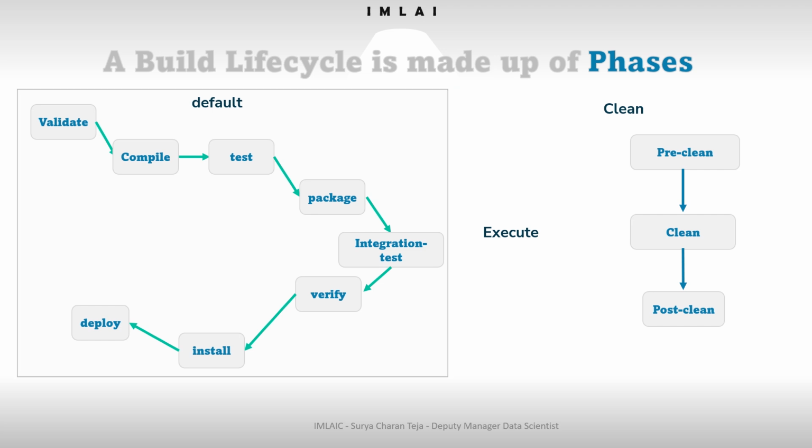So these life cycle phases are executed sequentially to complete the default life cycle. Given the life cycle phases above, this means that when the default life cycle is used, Maven will first validate the project, then try to compile the source code, then run those compiled code against the tests, and then package the binaries.